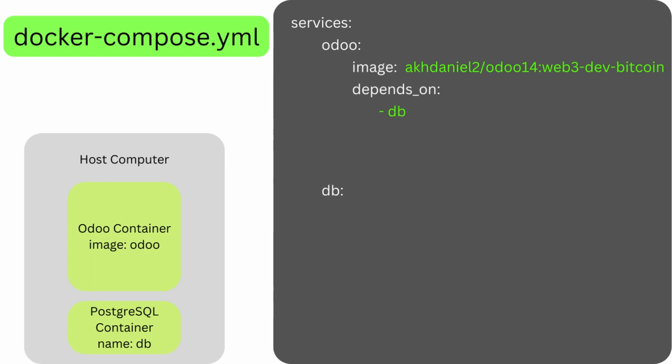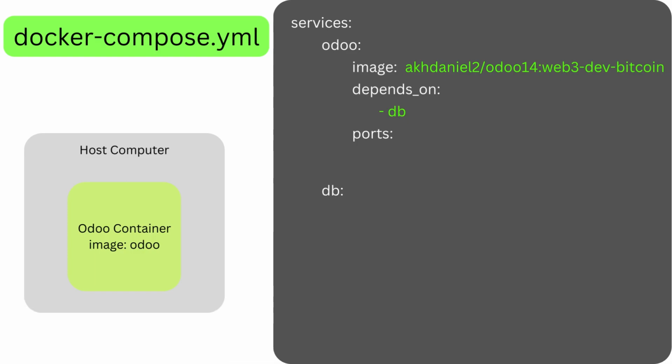We must create a service called DB in this case. Then we expose the service port, which is 8069 in this case. The container itself by default provides access on port 8069 internally, but if we do not expose it, it will not be accessible from outside the container.